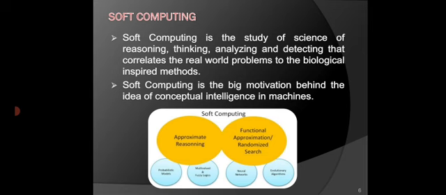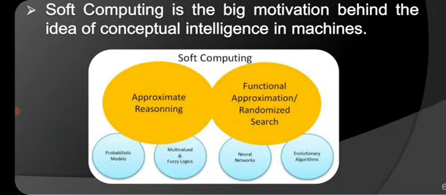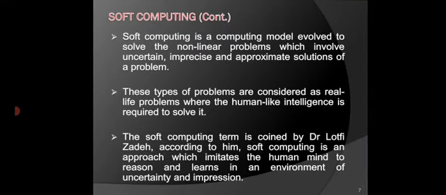So soft computing deals with approximate reasoning and functional approximation, or we can say randomized search. In approximate reasoning, the methods are probabilistic models, multi-valued and fuzzy logic, while in randomized search, neural networks and evolutionary algorithms are the methods.